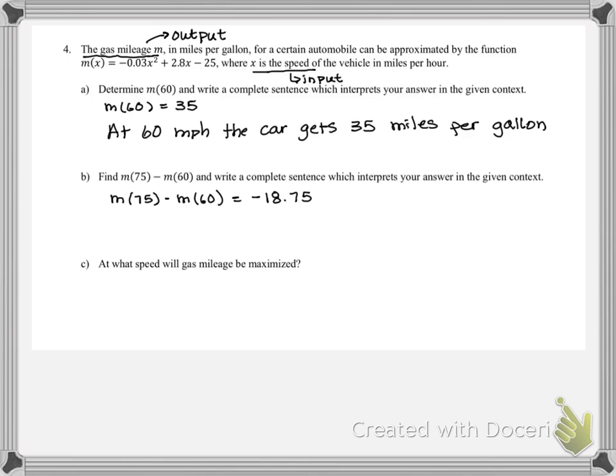So at 75 miles per hour, the gas mileage is 18.75 miles per gallon less than at 60 miles per hour.